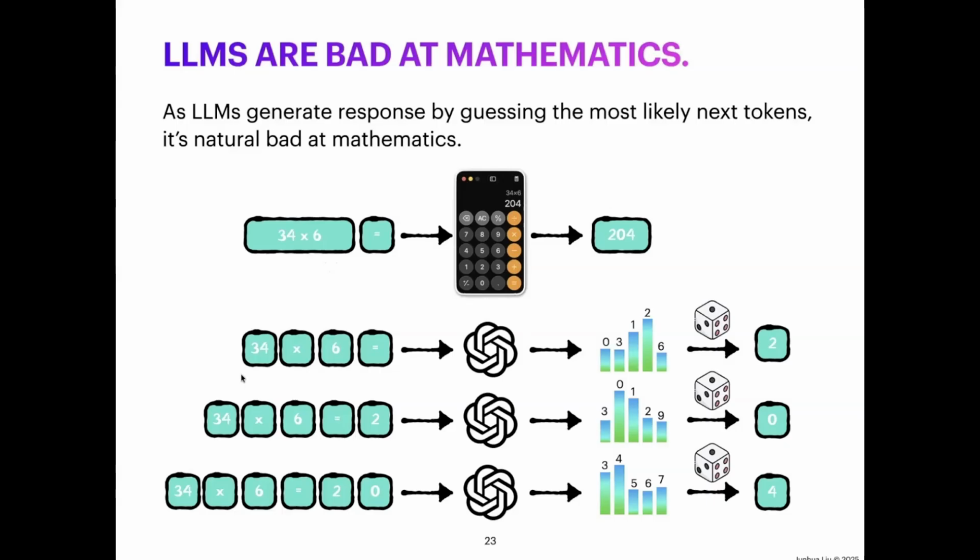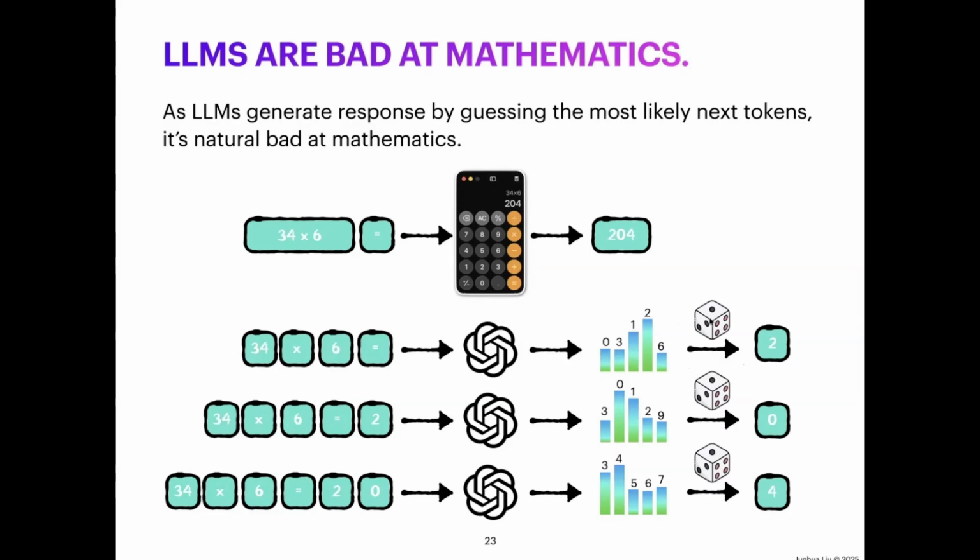But if we pass the same thing to a large language model, it will do autoregressive inferencing by generating a probability distribution over all the possible outputs, which includes the 10 digits as well as all other natural language tokens in different languages.